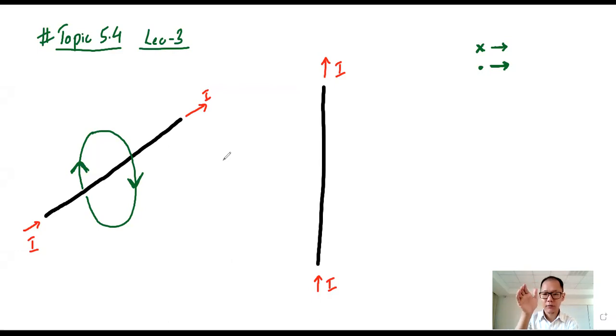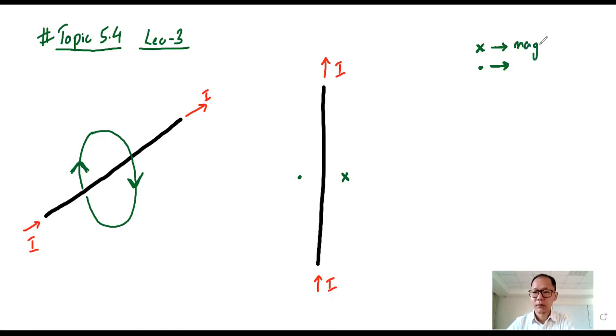Now, if you look at the curl of the finger, you see that towards the right side, it's going inward. So if I curl my finger, it's going inward on this side, and it's flowing outward in this direction. So inward is towards your right side and outward is towards your left side. Then, if the field is going inside the page, we represent it by a cross.